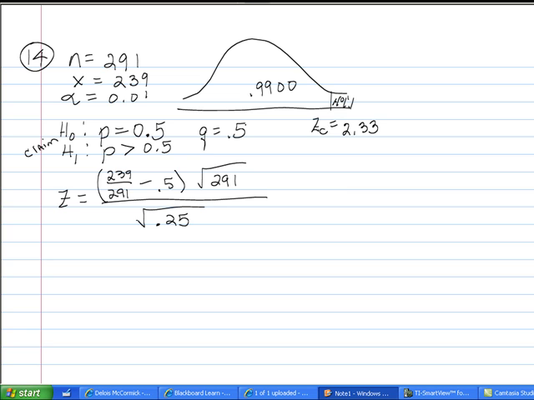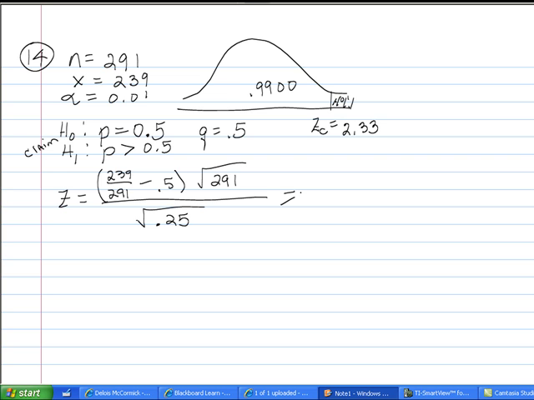Okay, so 239 divided by 291 minus 0.5, times the square root of 291, close that off, divided by 0.5.